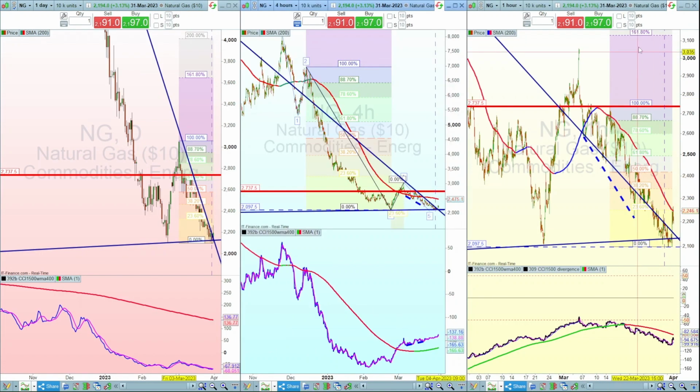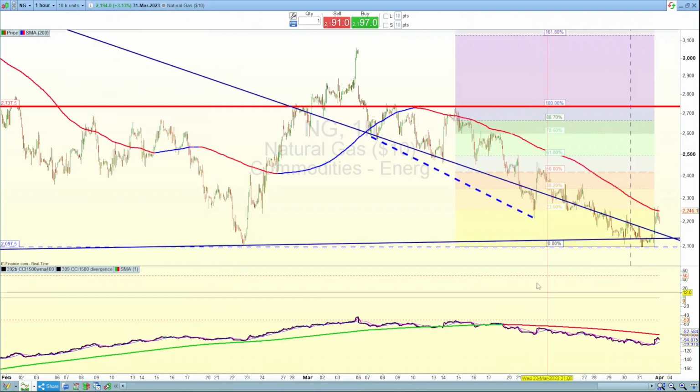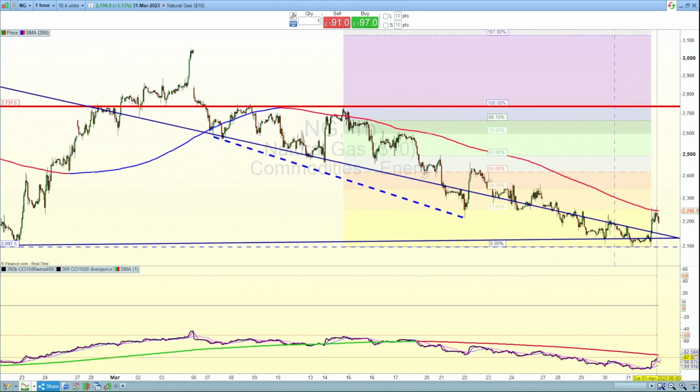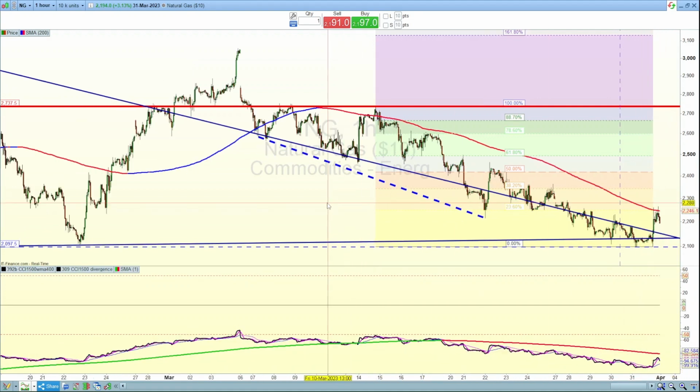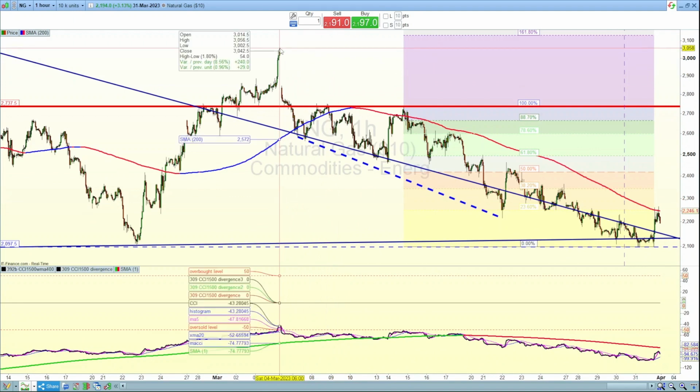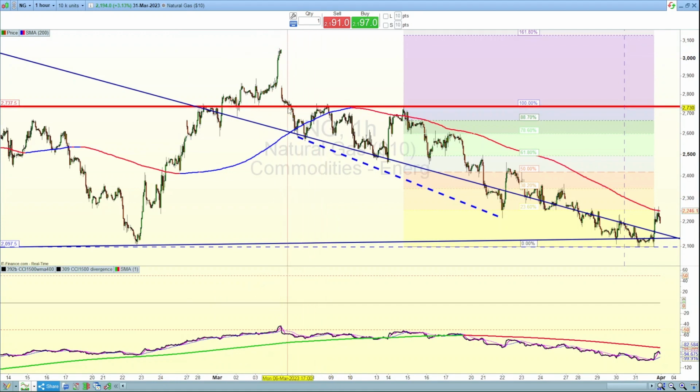On the hourly chart, as we said, it's still in a decline, although it's making some retracement, and potentially in the coming hours, if this continues up, it may break this moving average on the CCI. Now what you'll notice here as well is that peak there coincides with the daily, and that coincides with around a 61% Fibonacci retracement.